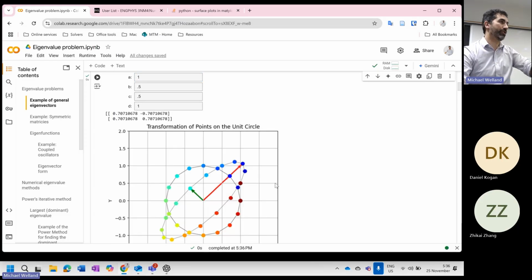Sorry, this isn't a rotation matrix, this is just a skewing matrix. These values have gone out and stretched in one dimension, and this one has been compressed in another dimension. That ratio of compression and stretching are your eigenvalues, and these natural vectors are your eigenvectors.